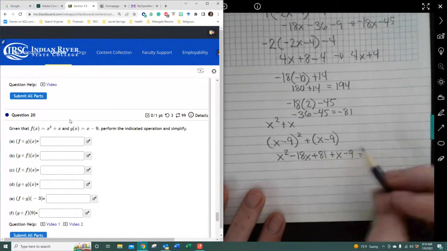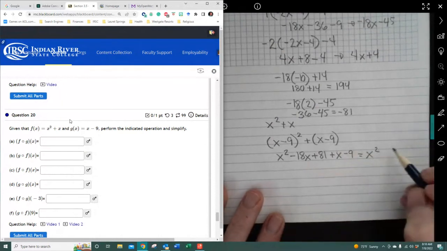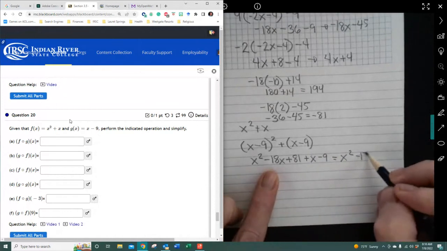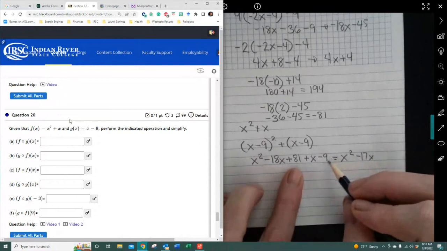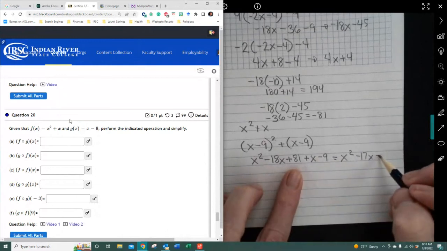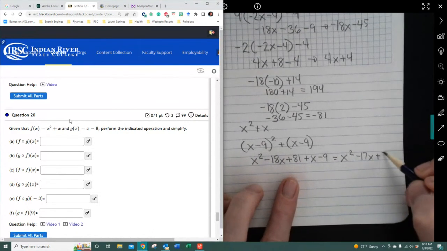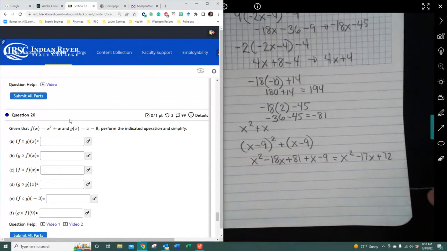So we simplify that a little further, and we get the following, where we add these together and get negative 17x, and then add these together and get positive 72. All right, so we get that, and there's our answer for that.